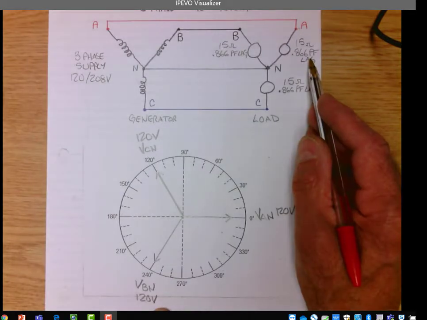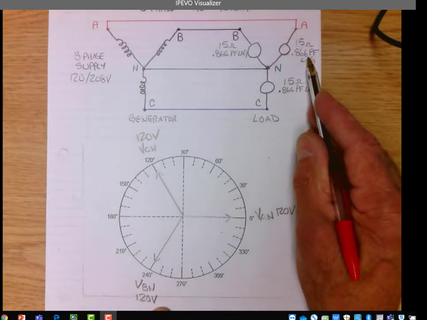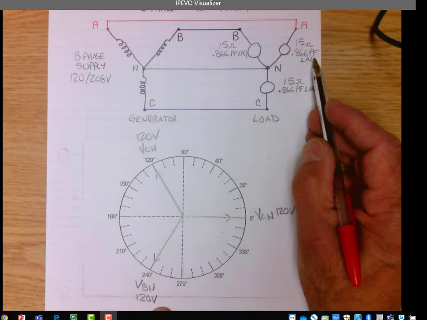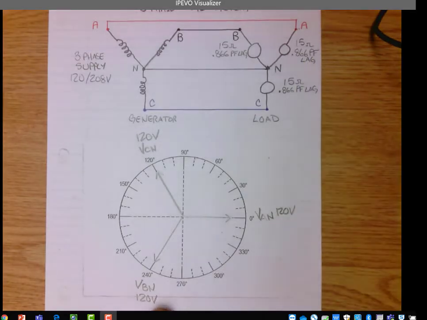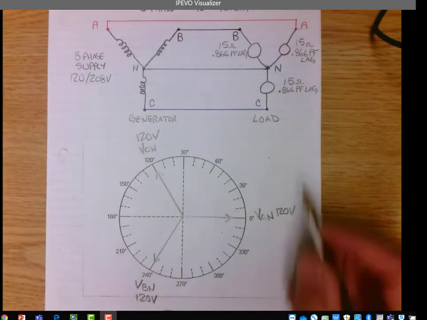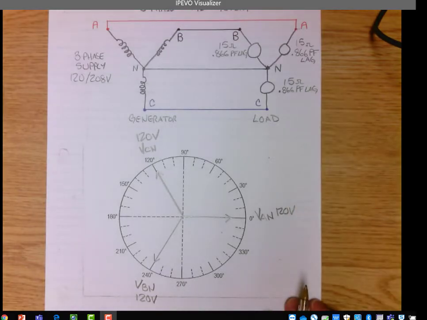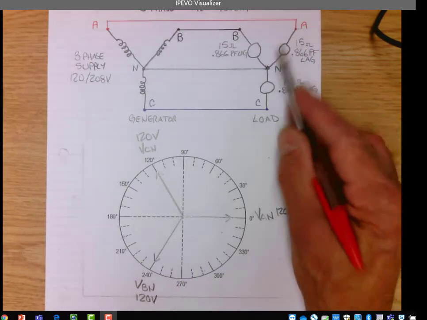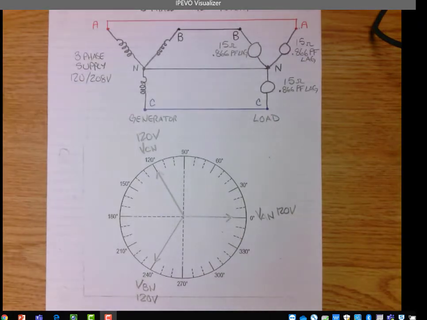So in your calculator, if we want to know what the angle is for a cosine of 0.866, we need to go second function, cosine of 0.866, which will give us an angle of 30 degrees. So that tells us that the current lags the voltage by 30 degrees. So for phase A to N, if this is the phase voltage here, the current is going to lag the voltage by 30 degrees.